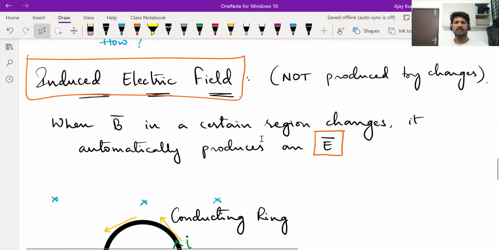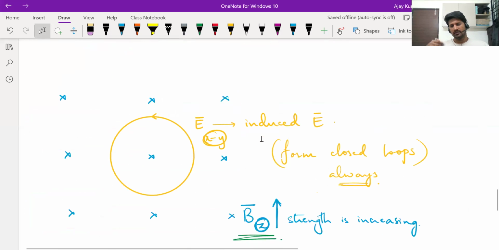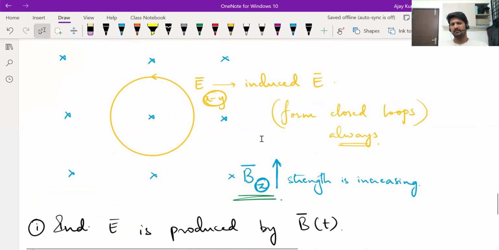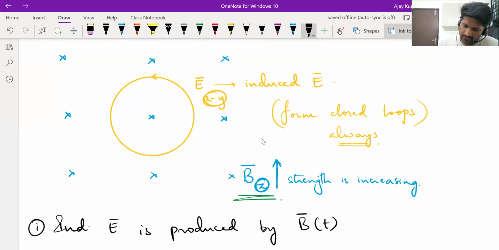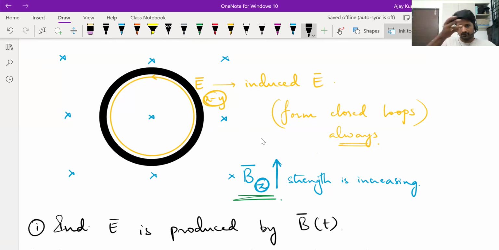How is that happening? Through the induced electric field. Okay, so it has been found and verified that a time varying magnetic field produces an electric field automatically. So if there is a conductor here, that electric field will drive the electrons in that conductor and it will make current flow. But if that conductor is not there, the electric field will be produced anyway. Fine.